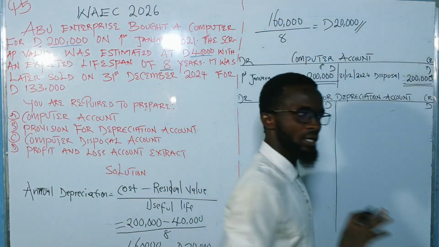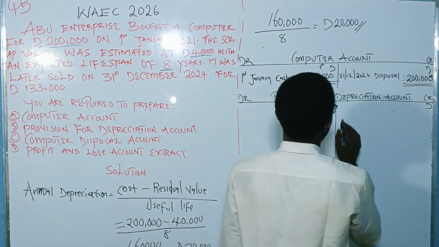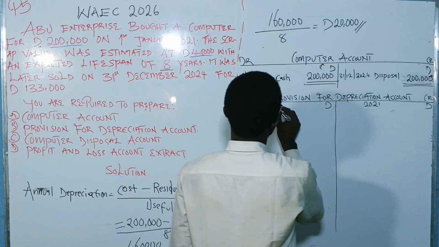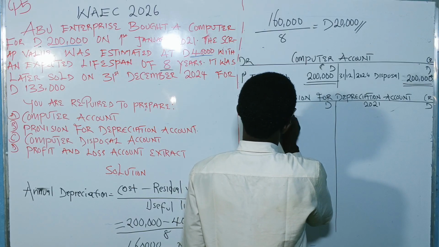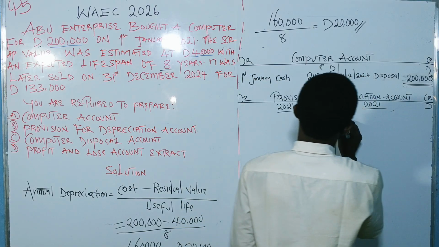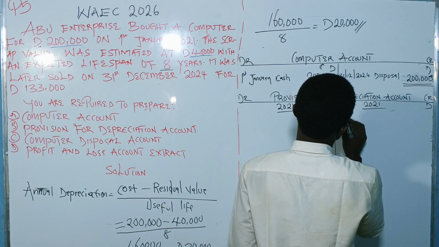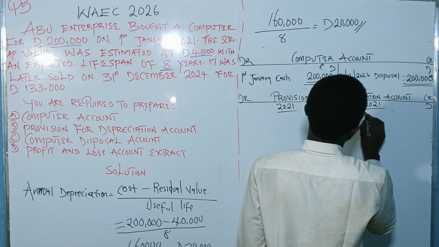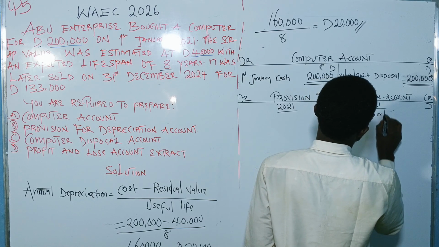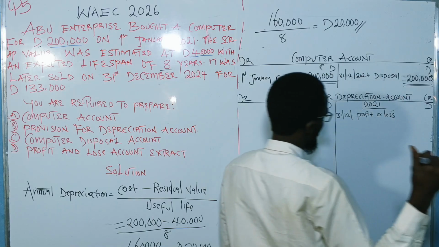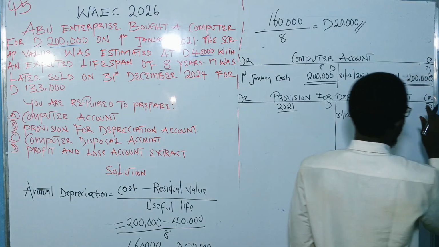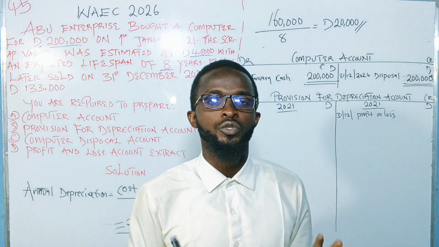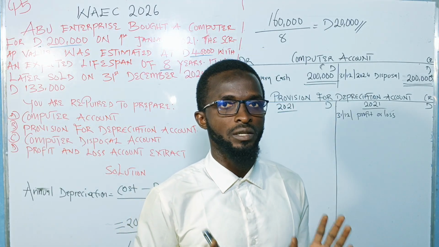So therefore, we are going to start. We charge depreciation at the end of each year. Come and say 2021, 31st December, profit or loss account, because the corresponding entry goes there. The amount of our annual depreciation is fixed at $20,000 every year.